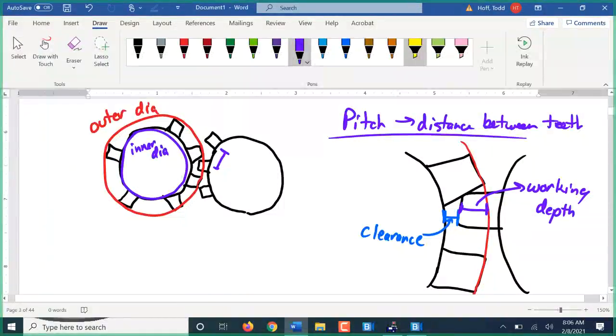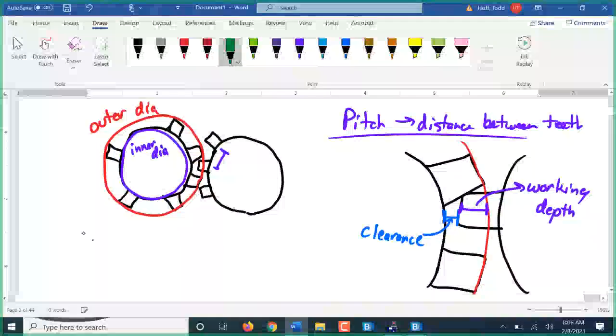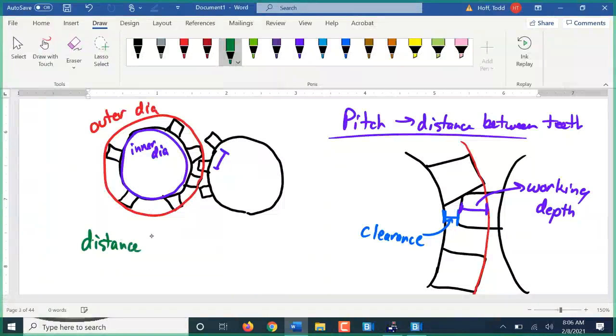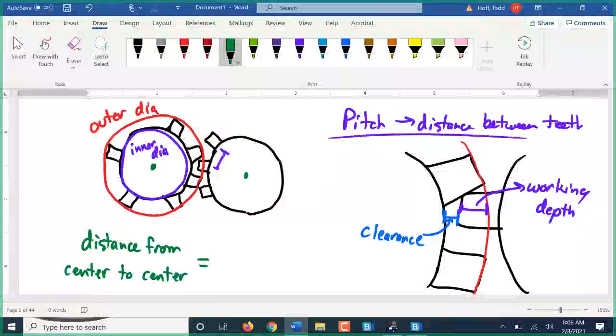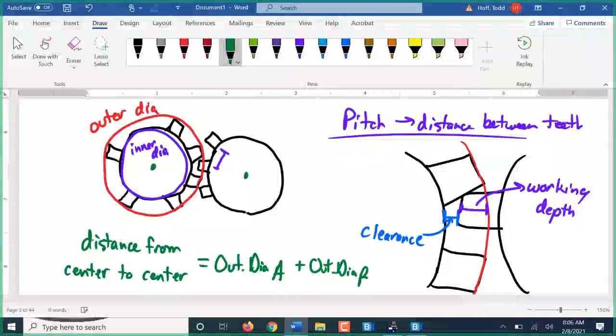That working depth is a very important dimension, because the distance center to center of the gears, center of this gear to the center of that gear, is equal to the outer diameter of gear A plus the outer diameter of gear B minus that working depth.